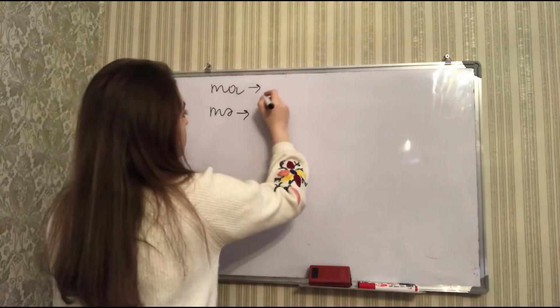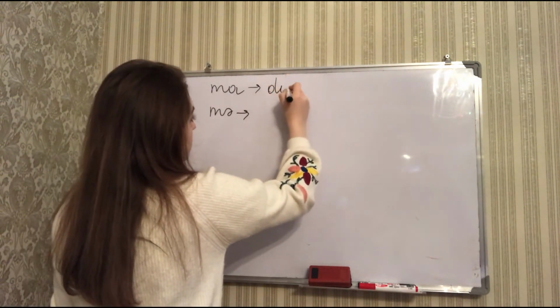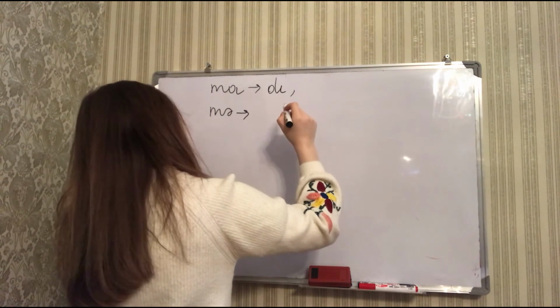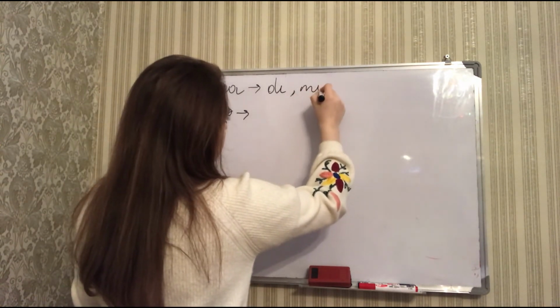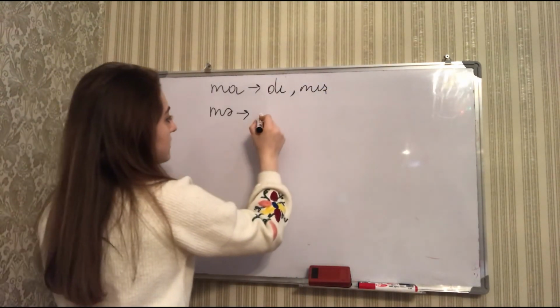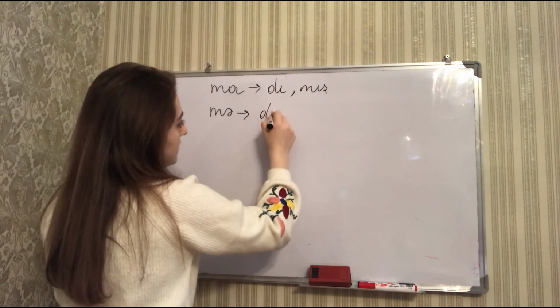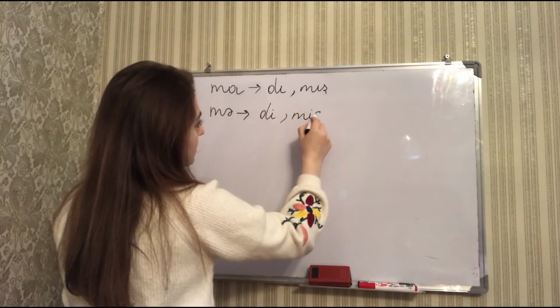After ma, we must use the d and mış. After me, we can write the d and miş.